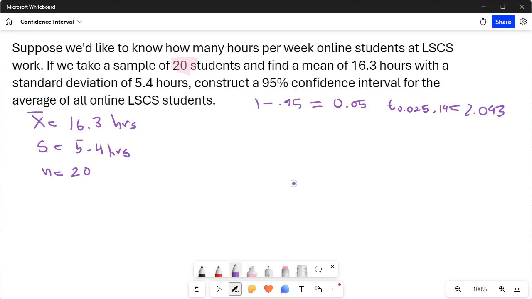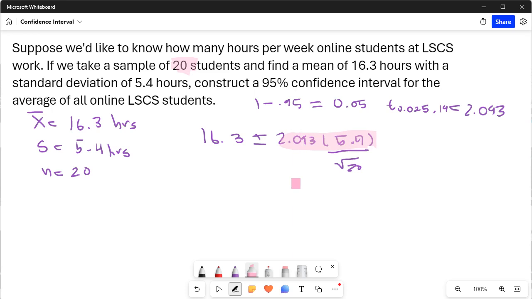So 16.3 plus or minus, okay, we take 2.093, multiply by 5.4, divided by the sample size of 20. Now keep in mind that this part right here represents the margin of error.